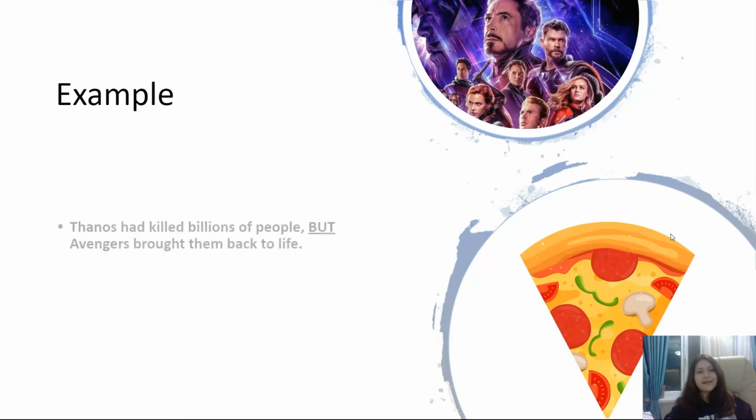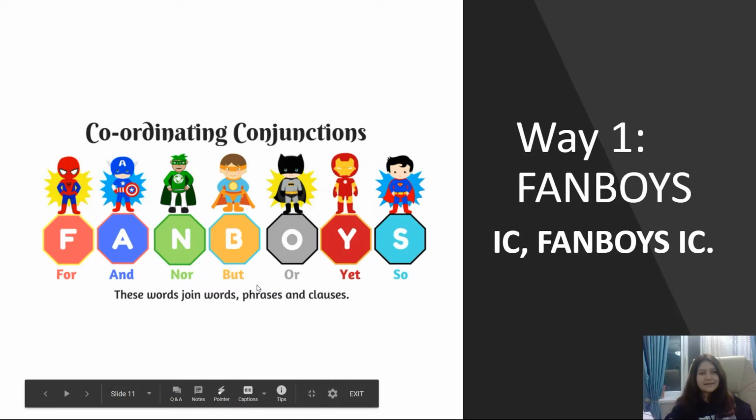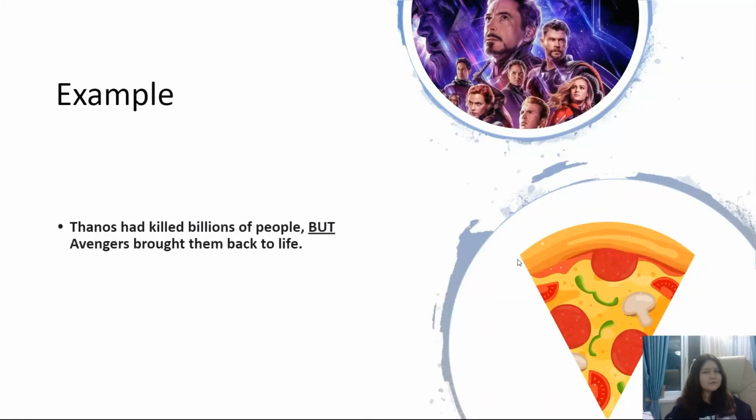For example, Thanos had killed billions of people, comma, but Avengers brought them back to life. So, comma, but is my fanboy, and before it I put a comma. So this is a completely perfect way of connecting two independent clauses.